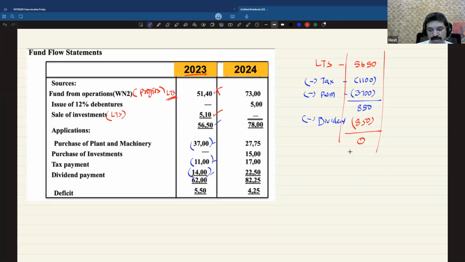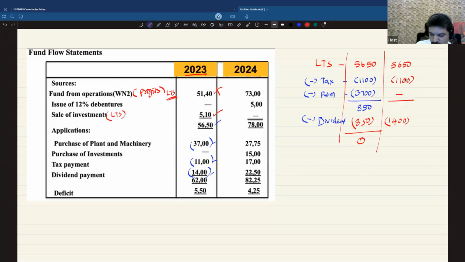or expectation. The owners are going to expect a certain level like this, then they should have reworked in this model. That is 5,650, okay, is the long-term source. Let them pay the tax of 1,100. And in the place of plant and machinery, let them pay dividend. That is 1,400.